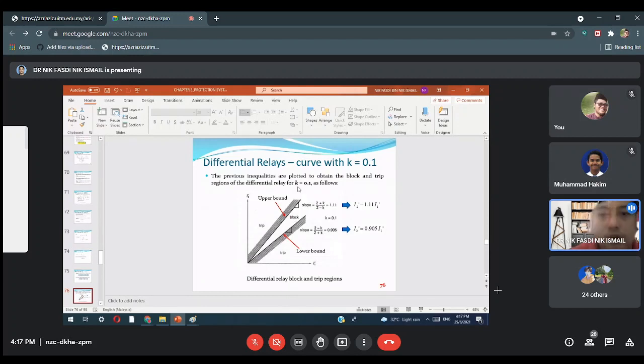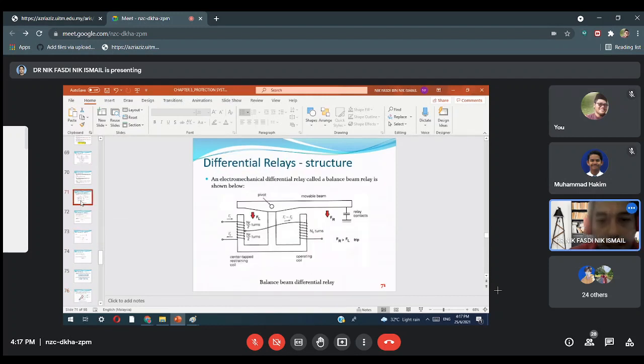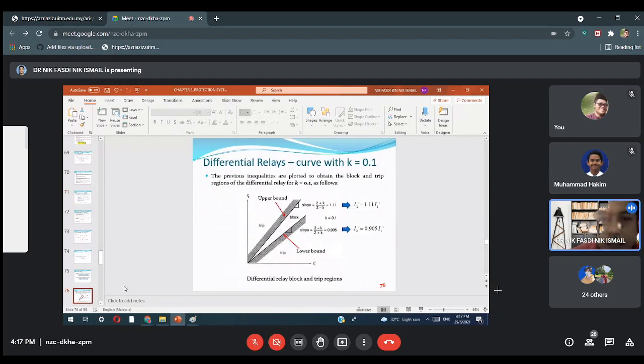Okay. This one for K equivalent to 0.1. K can be varied. K boleh berubah, it can be varied. Right. Sebab K is the ratio between the two turn ratio of the coils kan. So that's why I cakap K can be varies, dia boleh ubah. So for this case is K 0.1. Right.